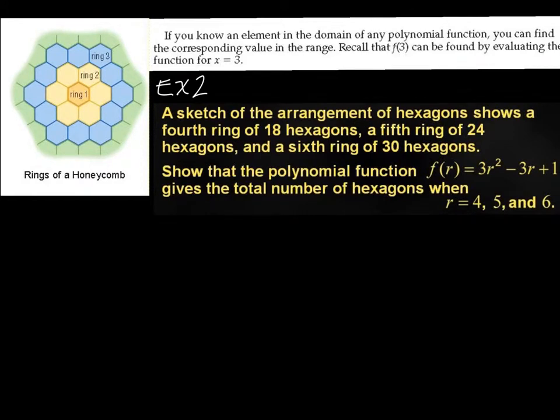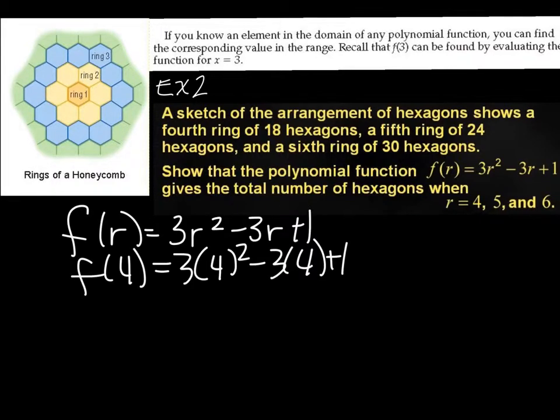A sketch of the arrangement of hexagons shows a fourth ring of 18 hexagons, a fifth ring of 24 hexagons, and a sixth ring of 30 hexagons. Show that the polynomial function f of r equals 3r squared minus 3r plus 1 gives the total number of hexagons when r equals 4, 5, and 6. To evaluate f of 4, every place there was an r, we're going to substitute in a 4. So we have 3 times 16 is 48.